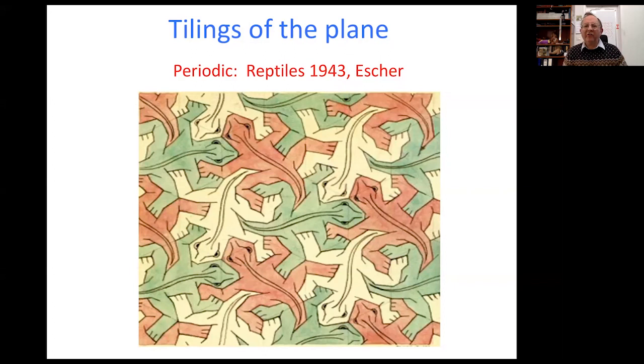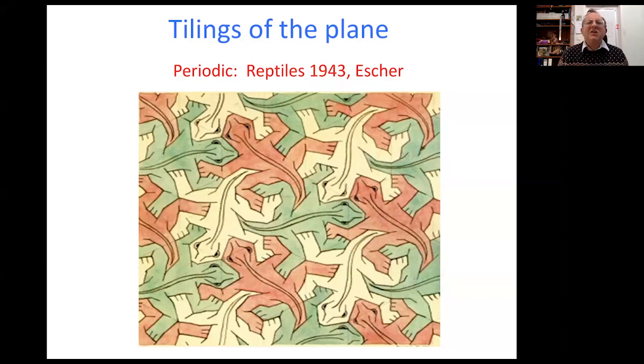And here's a very nice example of a tiling of the plane by Escher, who we're going to come back to in a minute, which he produced in 1943. He was living in Holland at the time, and it is an example of a periodic tessellation of the plane, done not using triangles or squares or anything boring like that, but using these beautiful reptile shapes.